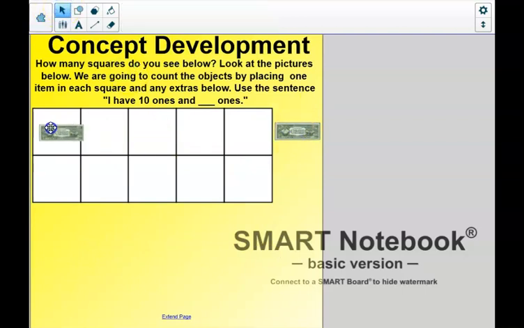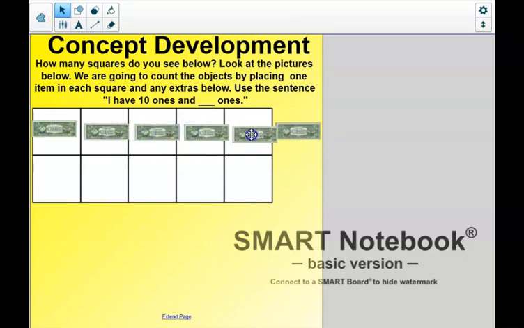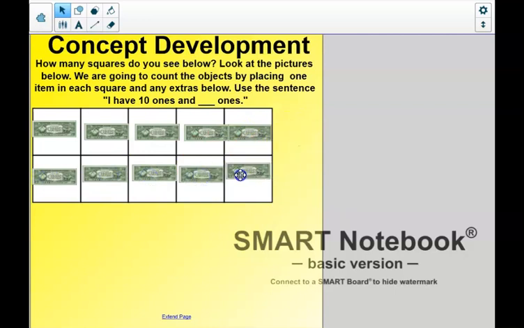Okay, our last one here. We're going to have some dollar bills, and let's see how many dollar bills we have. 3, 4, 5. Okay, put on those thinking caps and think about how we would say I have 10 ones and blank ones.